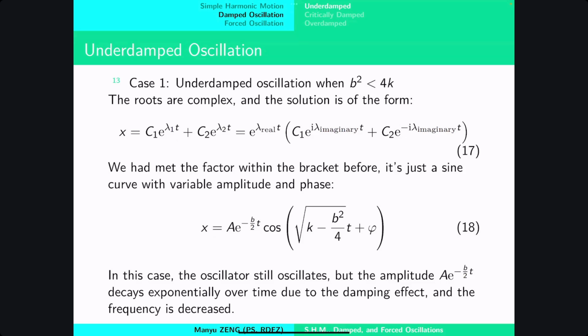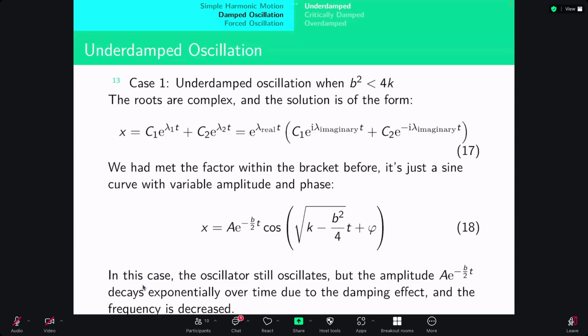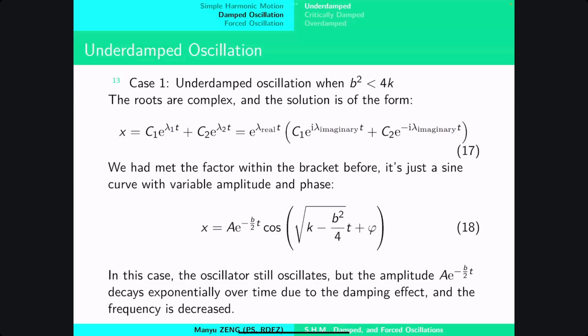But the amplitude is decaying. The amplitude is not simply A. In this case, the amplitude is A times e to the power of minus b over 2 t. So it decays exponentially because the factor before t in the exponent is negative b over 2, which is negative.